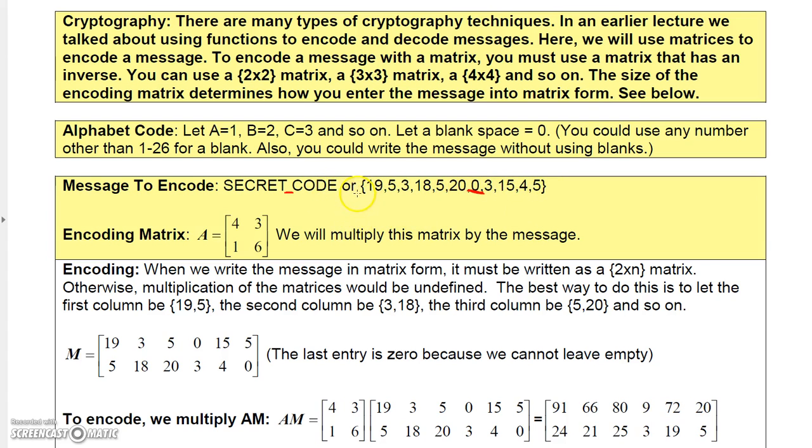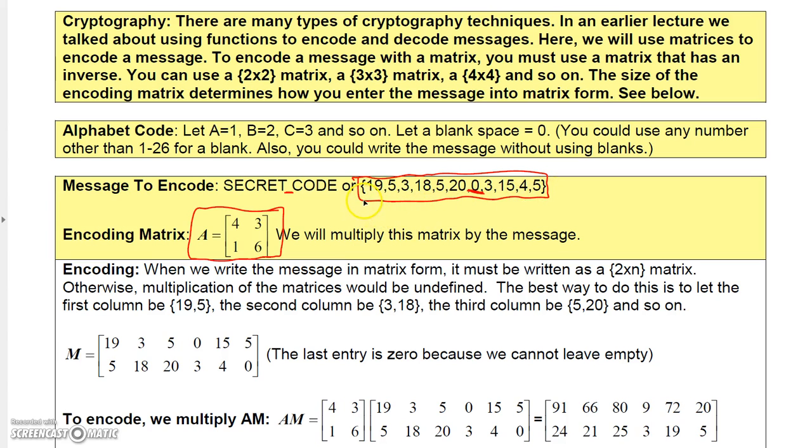Now, how I write this in matrix form depends on what I'm going to use to encode it. I'm going to use a 2x2 matrix to encode the message, so this message matrix must be written as a 2x something. I don't know what yet.